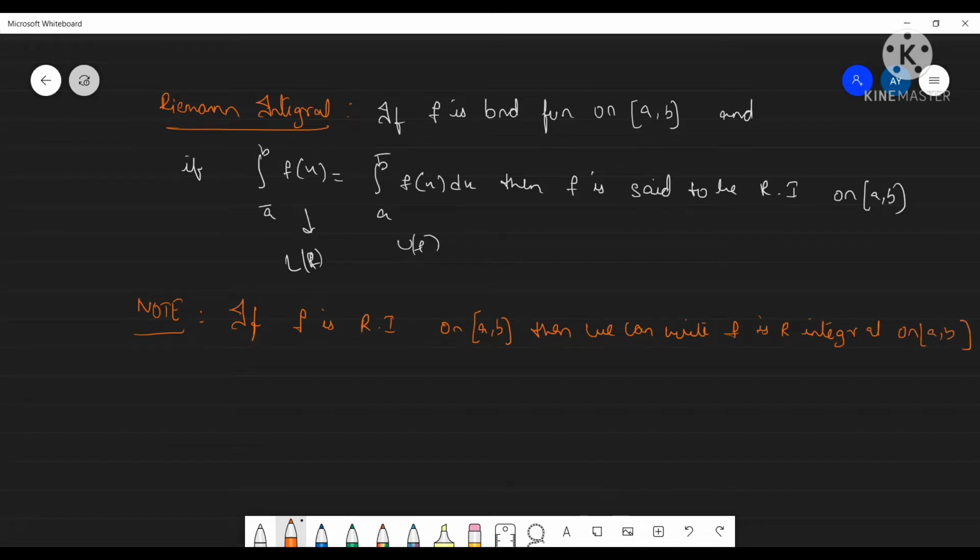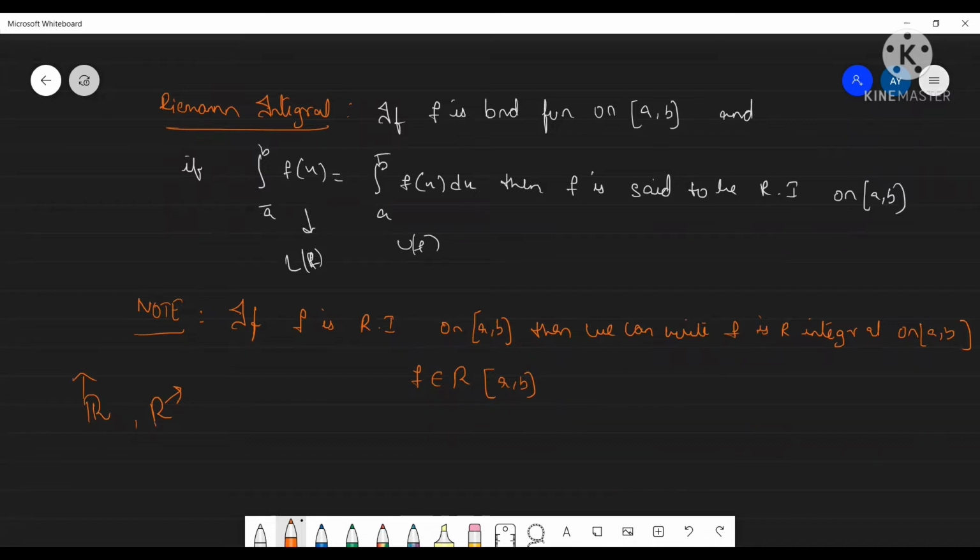Or symbolically we can write f belongs to R[a, b]. I hope you know the difference between this R and this R. This is the real number R, and this is the script R. In this chapter, this R means Riemann integrable.